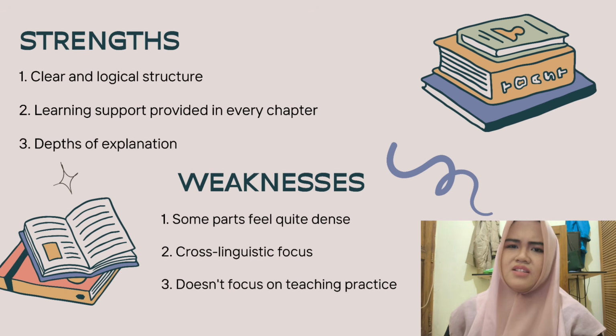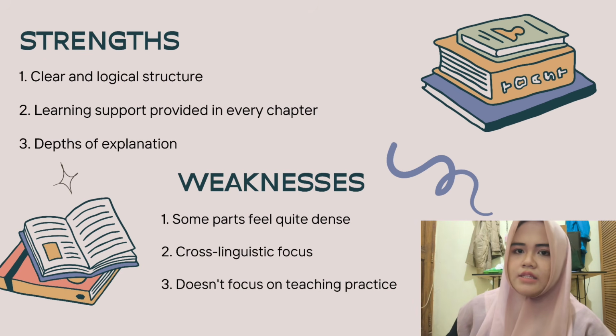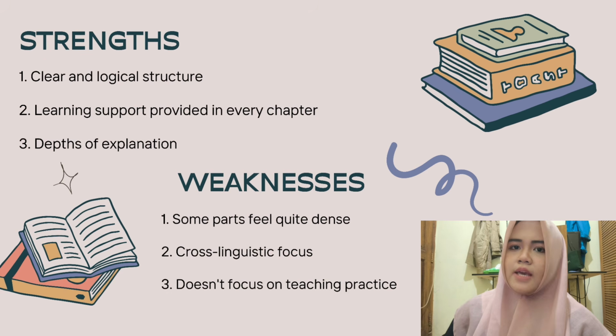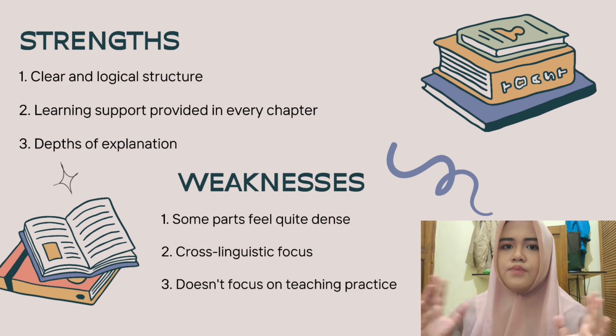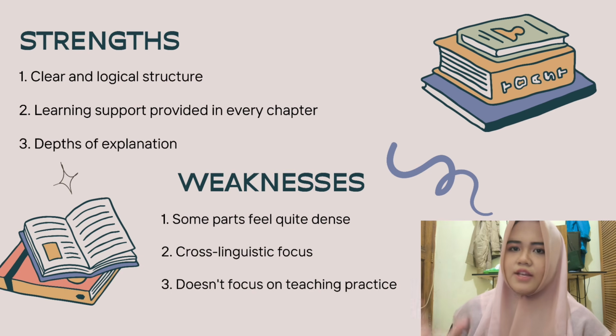This book doesn't just define concepts, it also introduces different theoretical approaches in morphology, such as the morpheme-based and then word-based models, and explains how linguists analyze language differently using these perspectives. So overall, it pushes you to think, not just memorize.